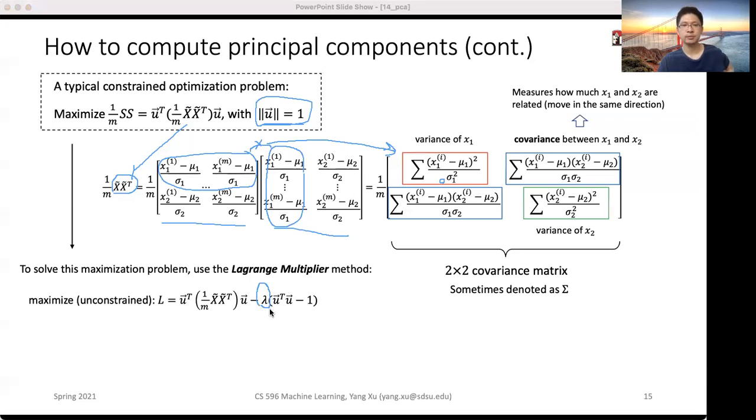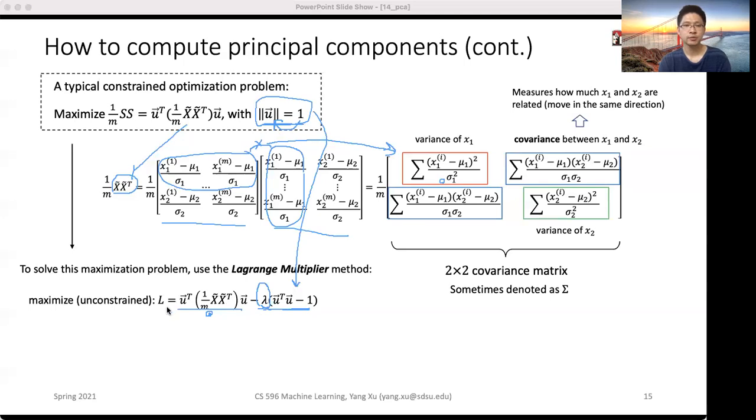So this lambda is the new variable that we introduce, and we use the original form of the objective function, and subtract lambda times the constraint. The constraint is an equation, so we can move the one to the left side of the equation and use lambda times that equation, which makes the Lagrangian term.